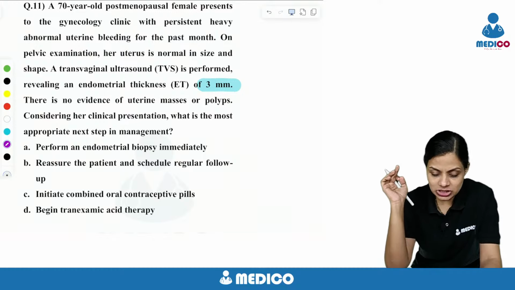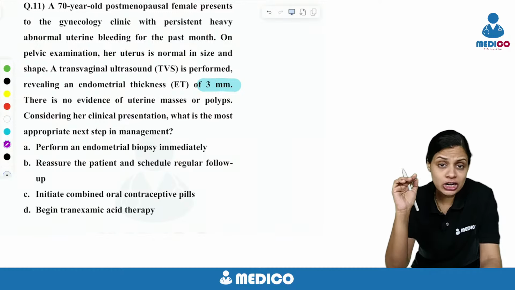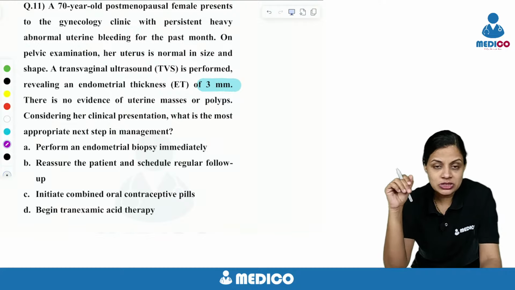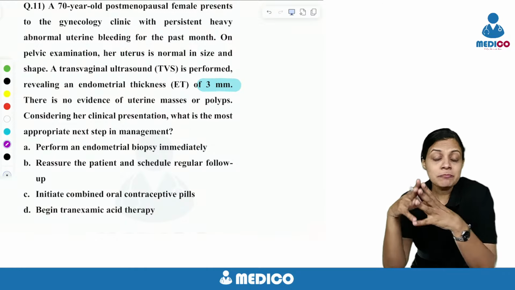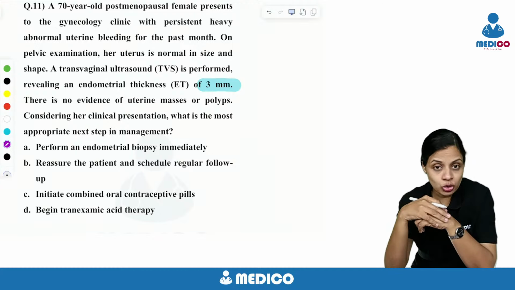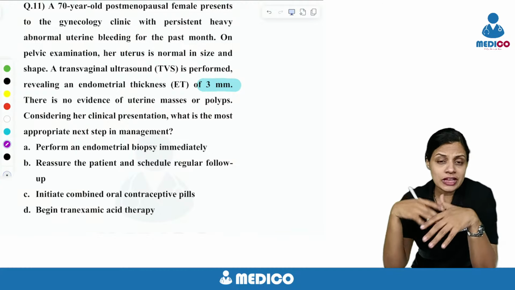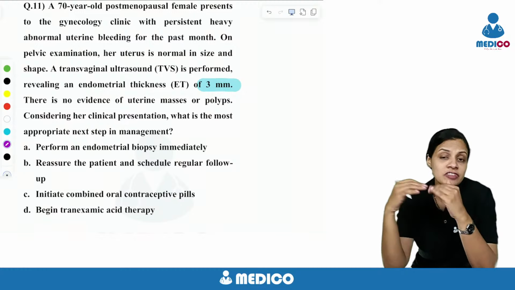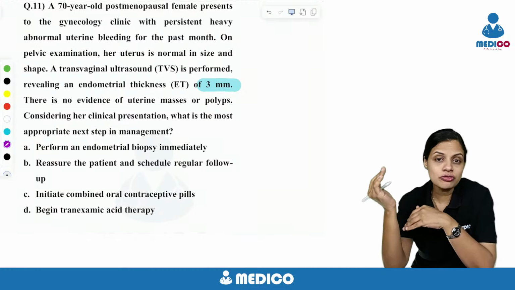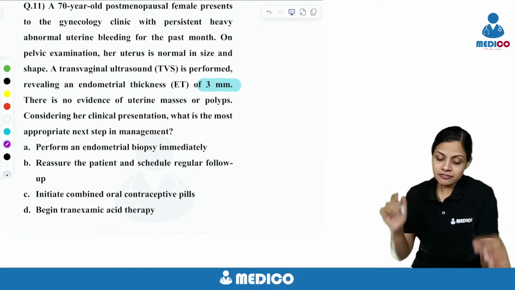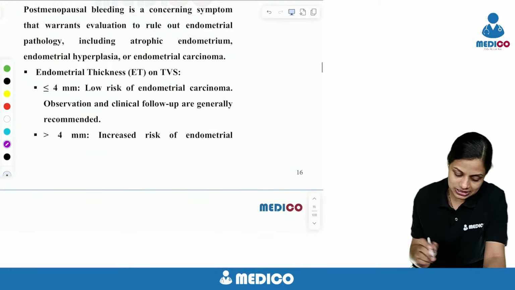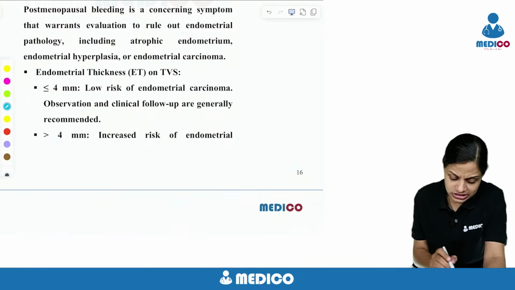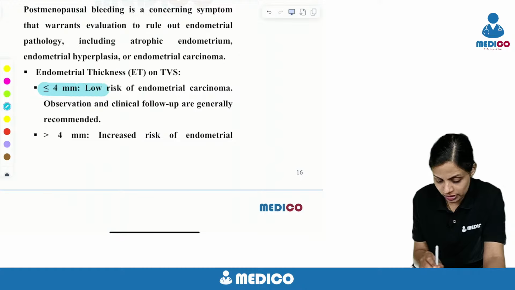So, in such a woman, when her endometrial thickness is very low, that is less than 4 millimeters, what is the risk that you're looking for? A woman has presented with postmenopausal bleeding. It may be suggestive of a carcinoma of the endometrium, which is why whenever we get a woman like that with postmenopausal bleeding, we'll be doing a transvaginal scan to look for the endometrial thickness. If the endometrial thickness is 4 millimeters or less, we say that she is at a low risk for endometrial carcinoma.